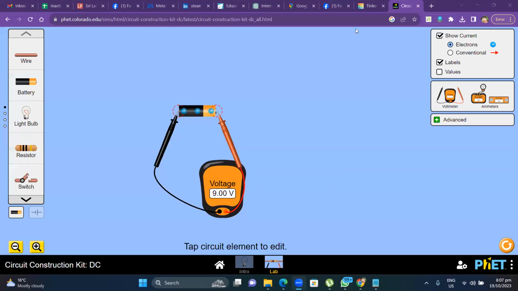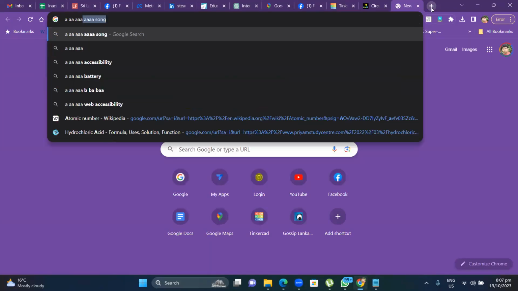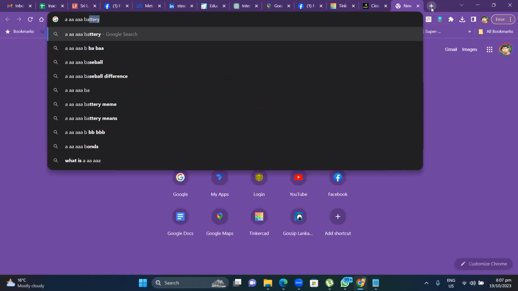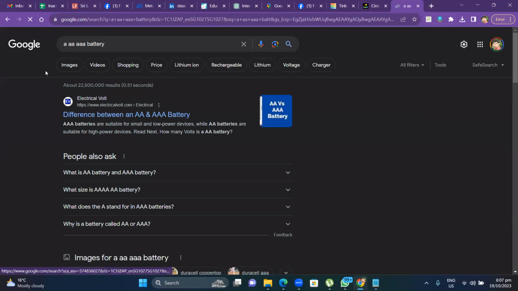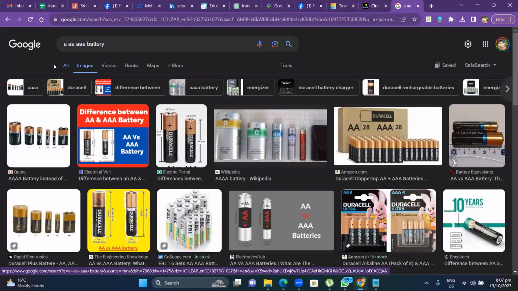Mostly, the batteries that you can find around your home are AAAs or AAs. So what are these A, AA, and AAA batteries? Let's see. These are basically the sizes of the batteries, right?